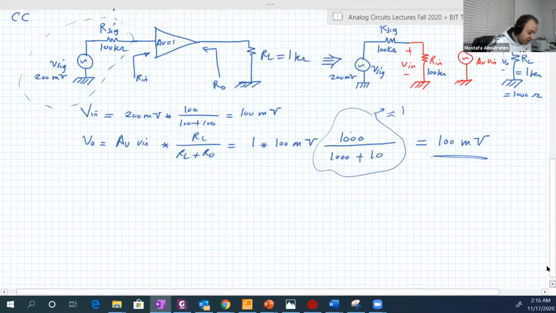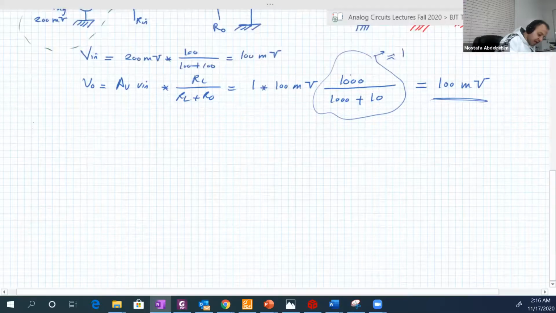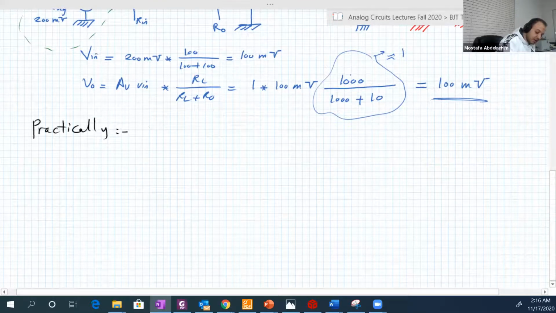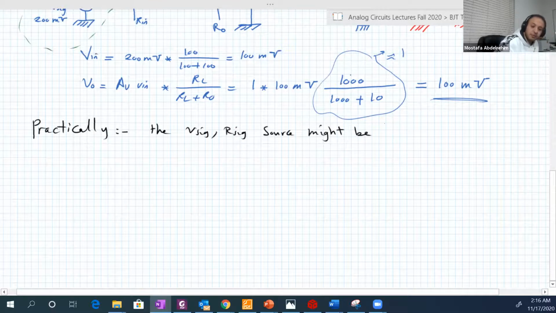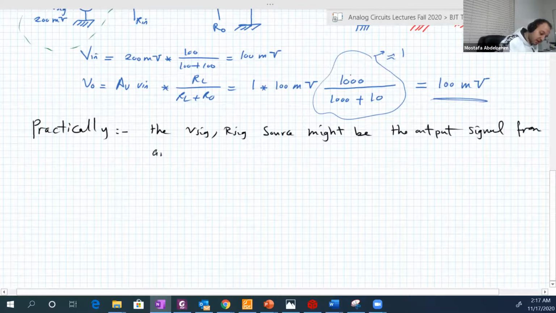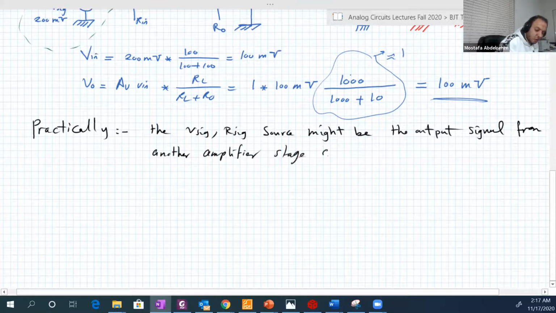So just as an observation, practically, the V signal, R signal source might be the output signal from another amplifier stage, common emitter, for example.